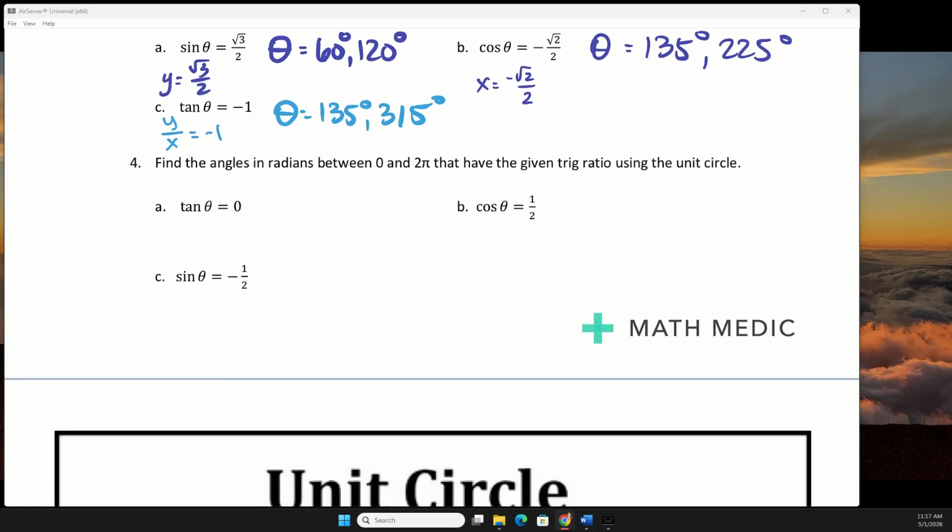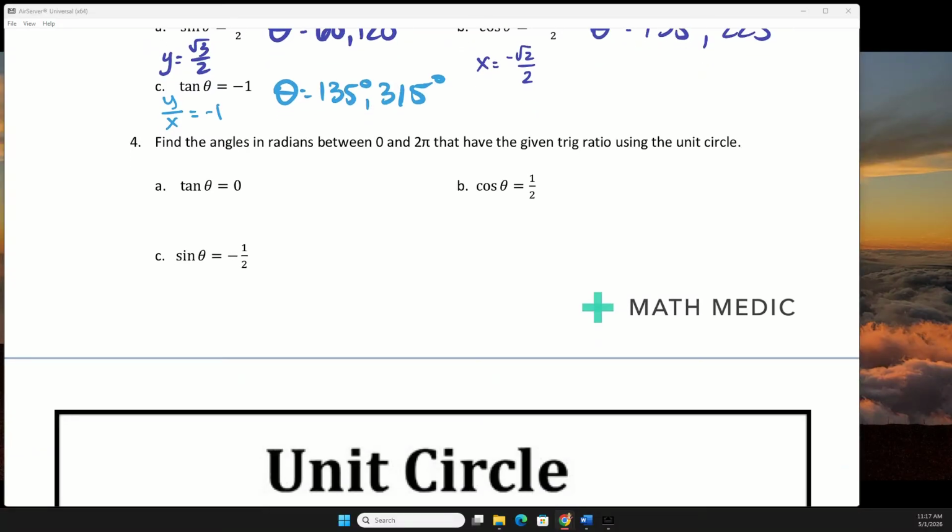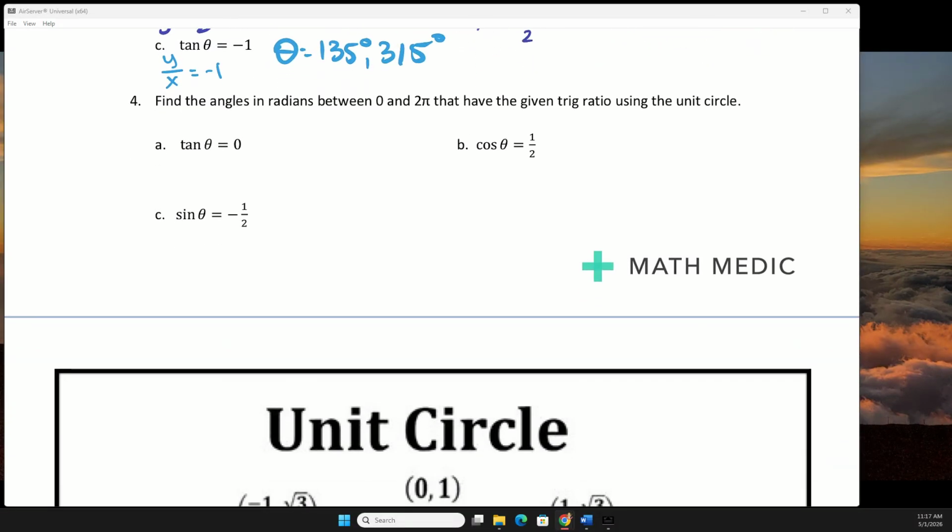All right, and then 4, we're doing basically the same thing, except we're going to give the angle in radians. Whenever we are doing tangent, if we want the tangent of the angle to be 0, we need to have taken y and divided it by x and got 0, which means that the top is 0, so y is 0.